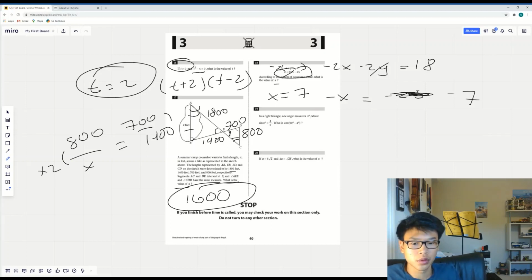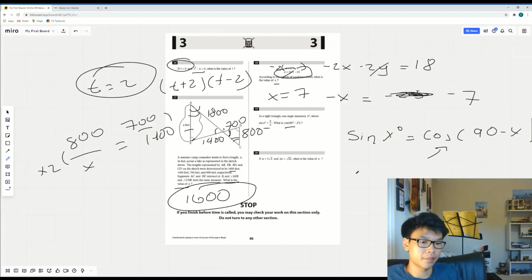Sine x equals 4 over 5, and what is... Okay, so one of the trig identities you guys might want to learn is sine x is the same thing as saying cosine of 90 minus x, right? This is equal to some trig identity, cosine of u minus b, where u and b are angles.